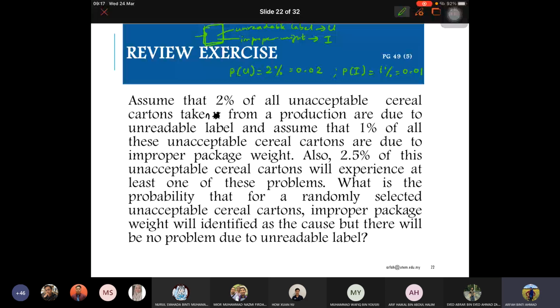Maksudnya kalau dia ambil satu serial cartoons tu, dia akan ada salah satu daripada masalah ni. That means sama ada improper package or unreadable label. So kalau awak nak buat notation for this one, yang ini sebenarnya ada probability of U or I. Okay. Or union. That means at least one. Sama dengan 2.5%.